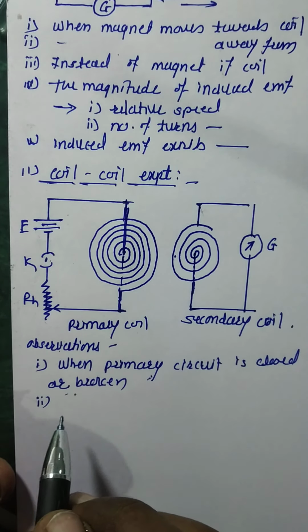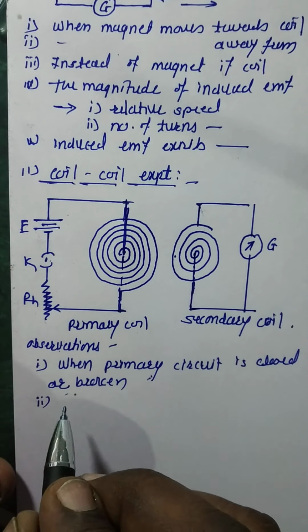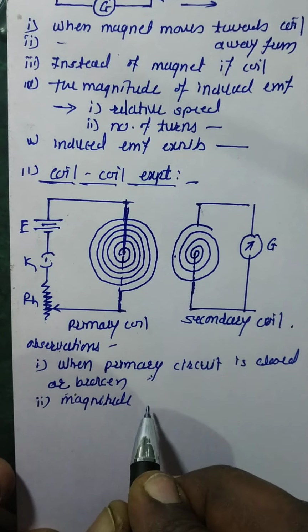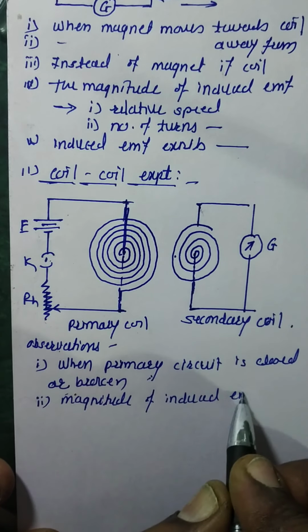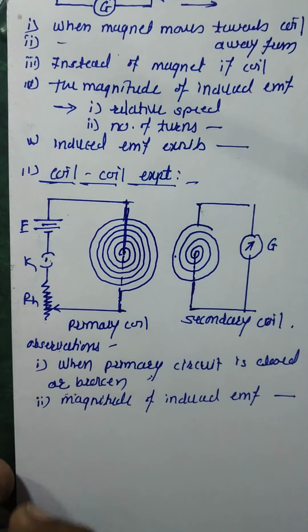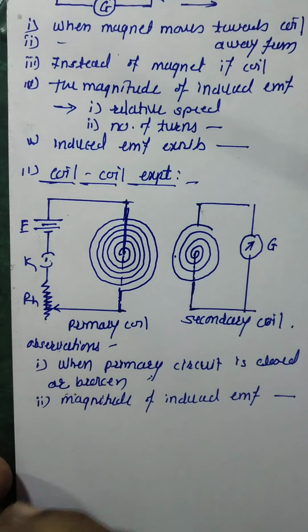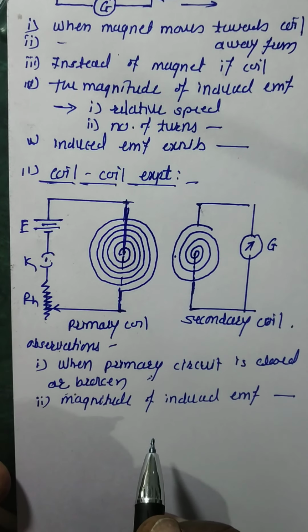Second one, the magnitude of induced EMF in secondary depends upon relative speed or relative motion of coils and number of turns in secondary.